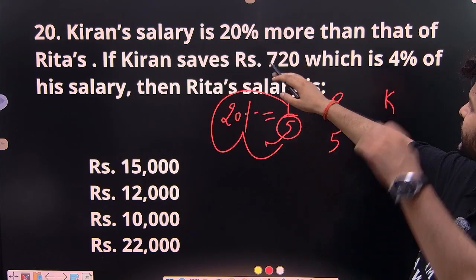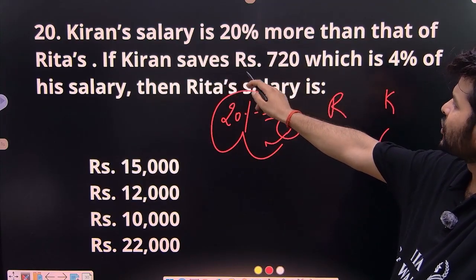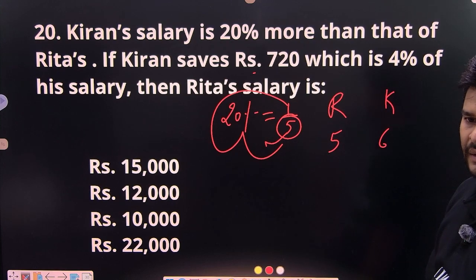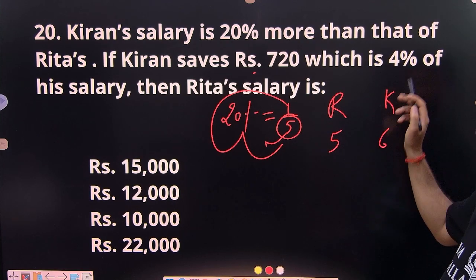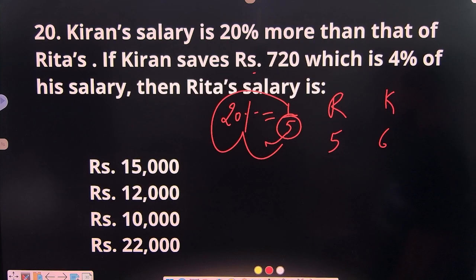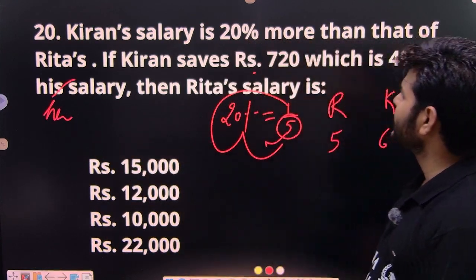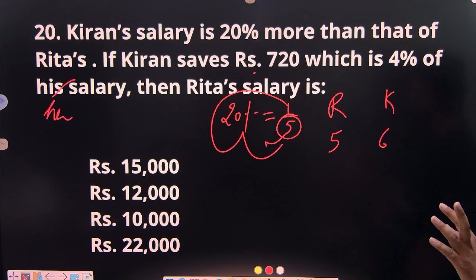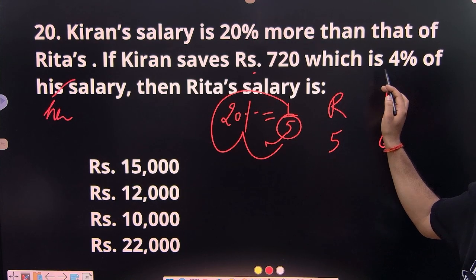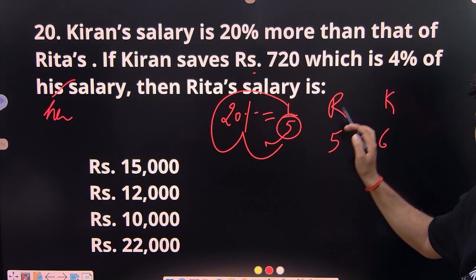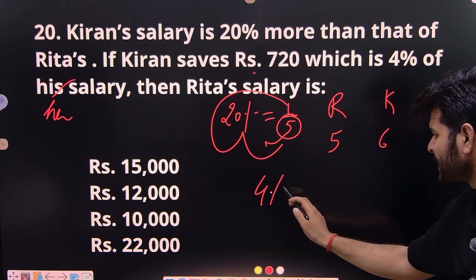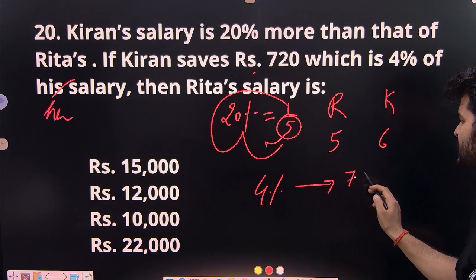And now the question is, if Kiran saves rupees 720, which is 4% of her salary, that means 4% is representing 720.